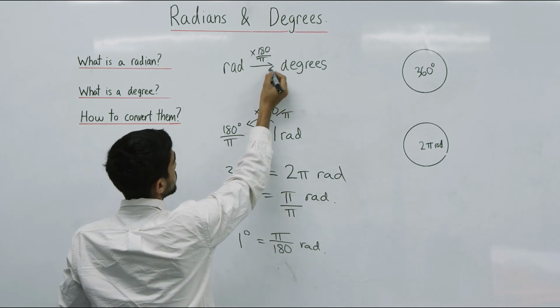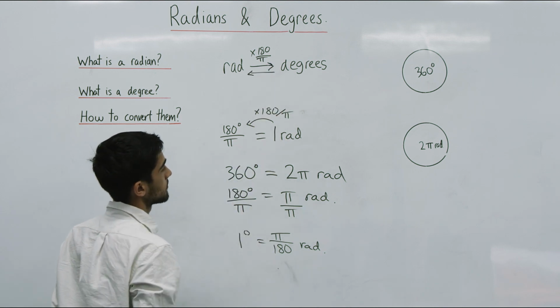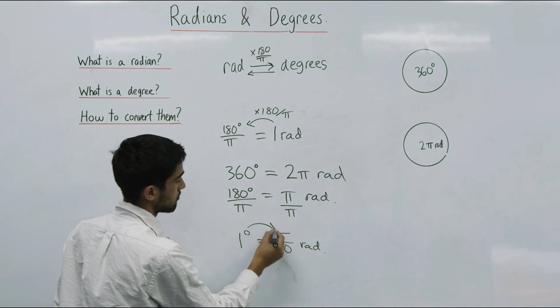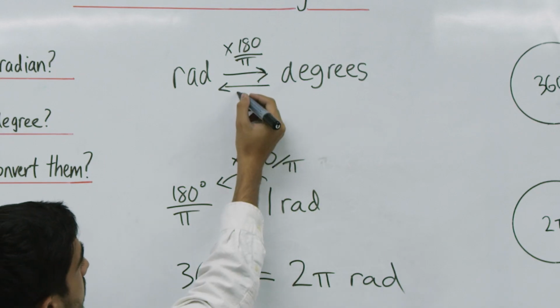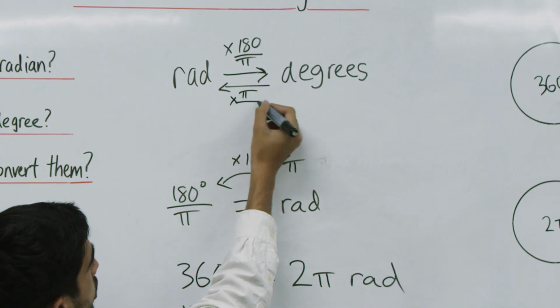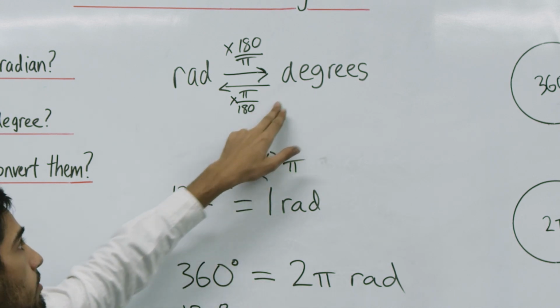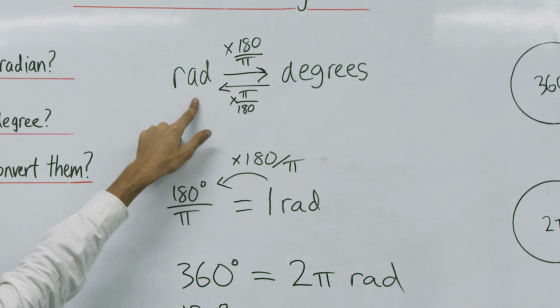And to go from degrees to radians, back this way, we have to multiply by pi upon 180 degrees. And that'll give us our conversion from degrees to radians.